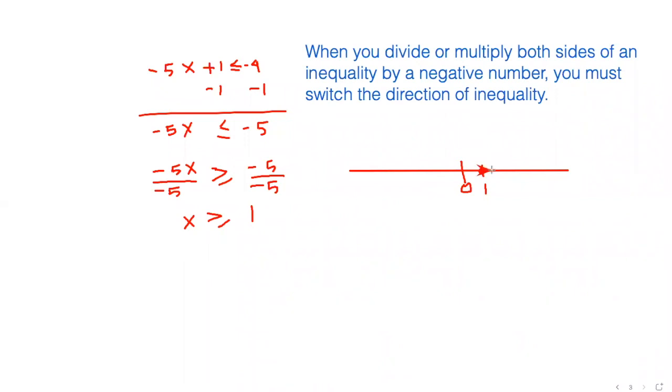If we want to write it in notation form, then it will be 1 to infinity. So the answer will be bracket, meaning the 1 is included, 1, comma, infinity.